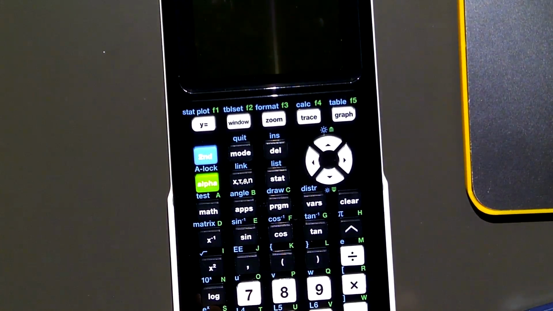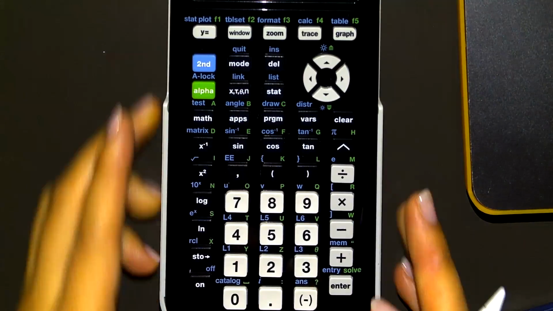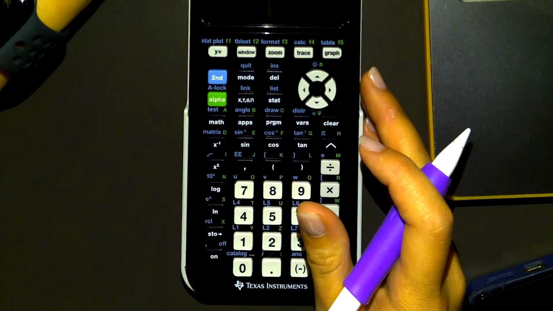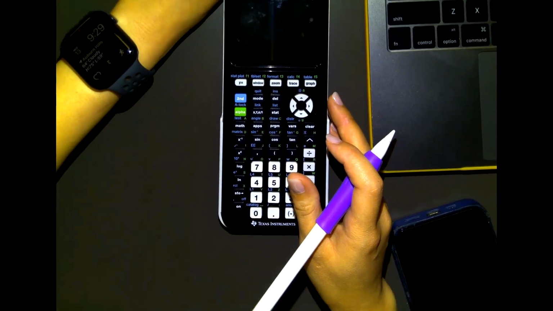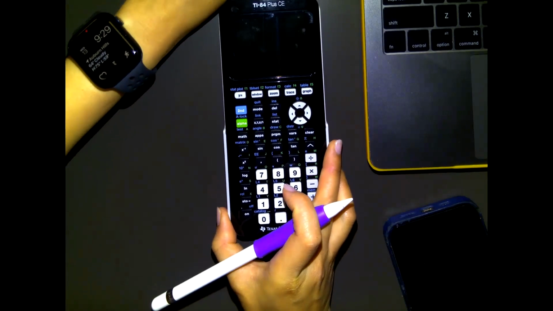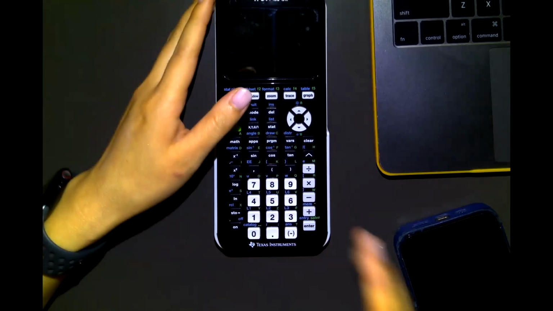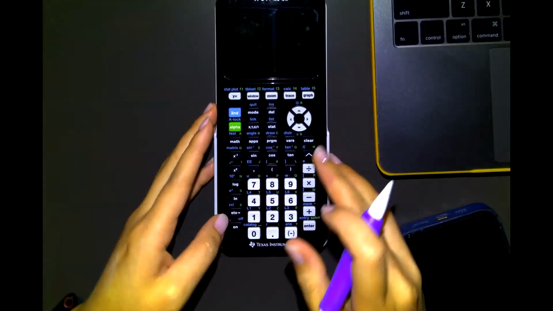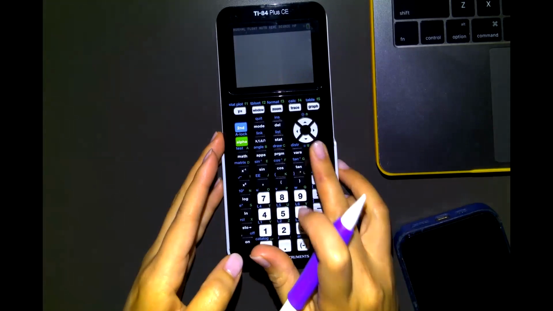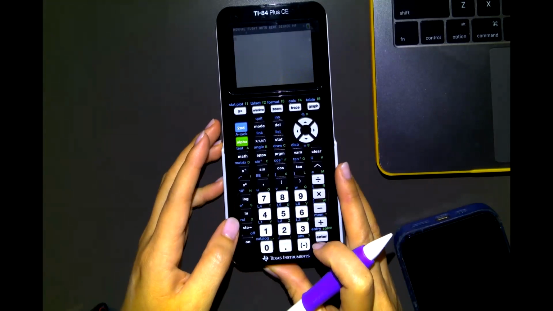I don't know if it's recording. We'll find out. So what is the function? Plus 4x. Okay, thank you.